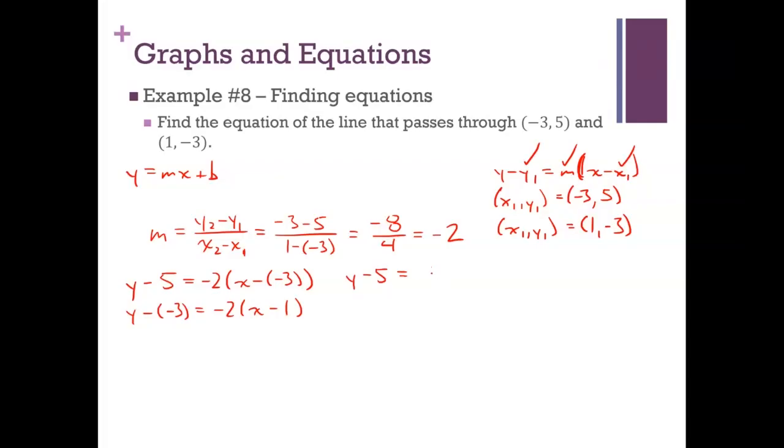When you're using point slope form, you have all kinds of choices about what to use as that x1, y1 point. In this case, we knew 2 points, so we can use either one of them. So these are both good.